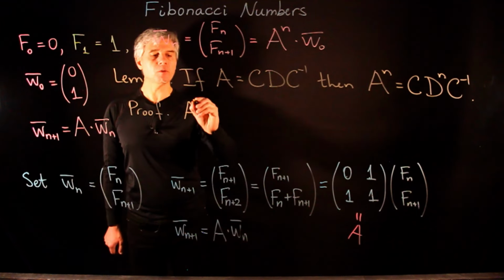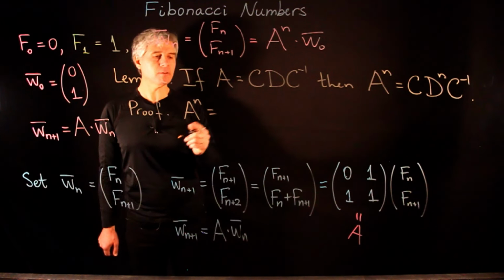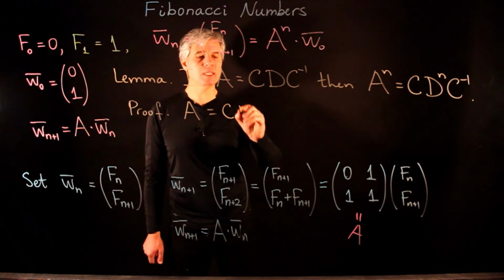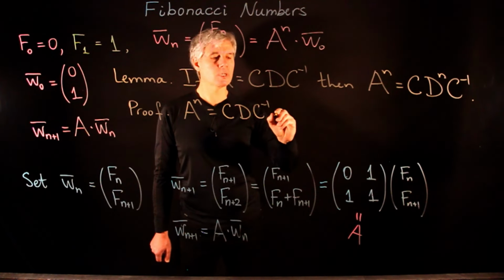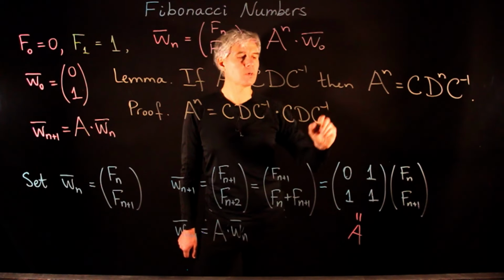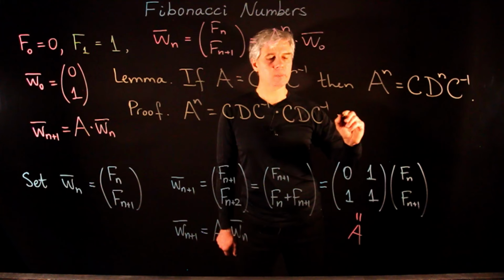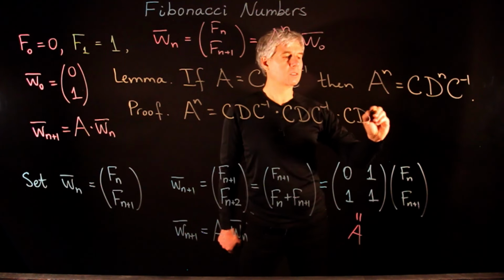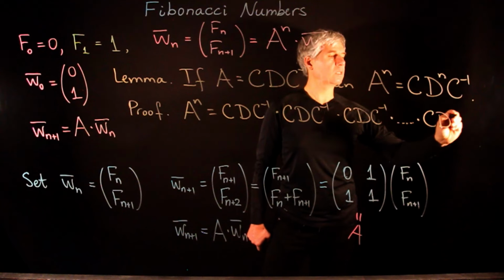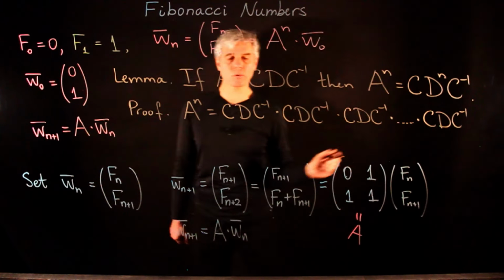So when we write A to the power n, this is n factors of A, and A is equal to C D C inverse. So we have C D C inverse times C D C inverse times C D C inverse dot dot dot C D C inverse, and we have n factors of this.